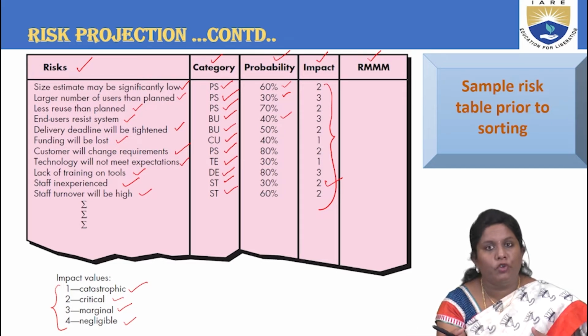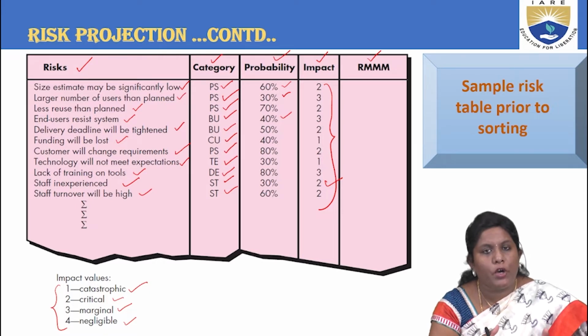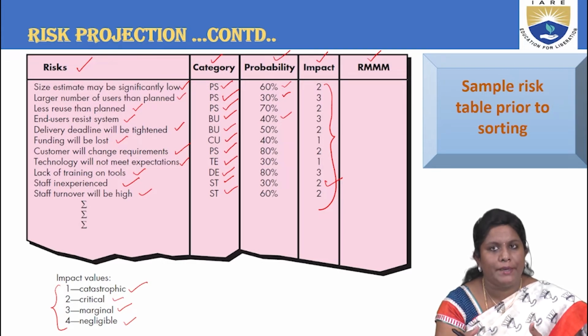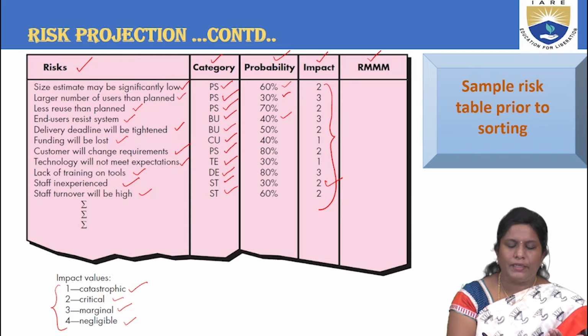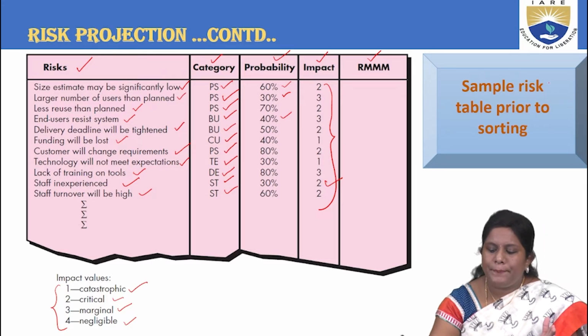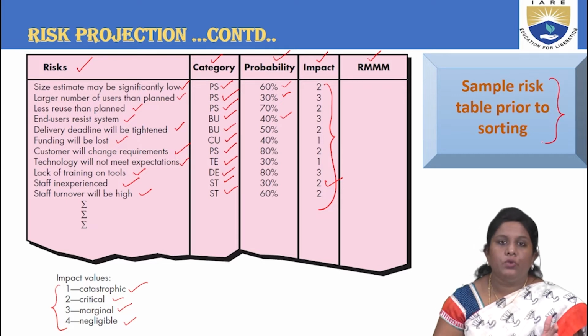Instead, you cannot put 4 because you cannot neglect if the staff is inexperienced. Like that, basing upon whatever project or product you are taking out, you can list out some risks, place them under one category, then give them some probability of their occurrence or likelihood of the risk happening, and relevant impact factors that we have stated. So this is actually a sample risk table prior to sorting.